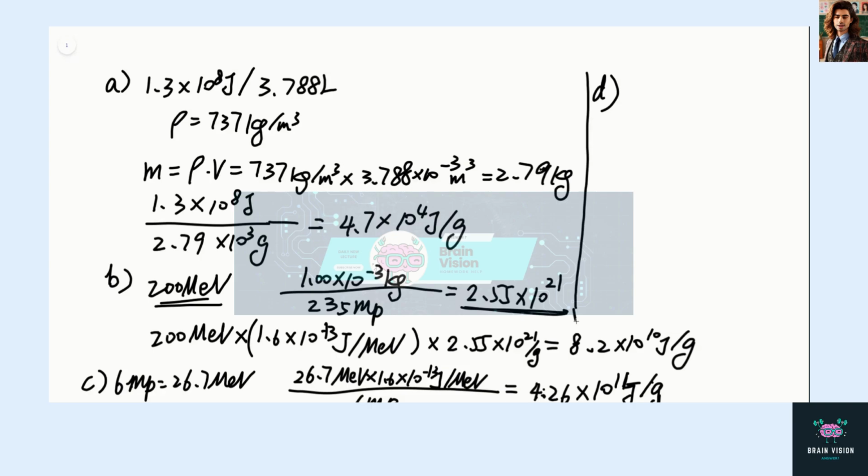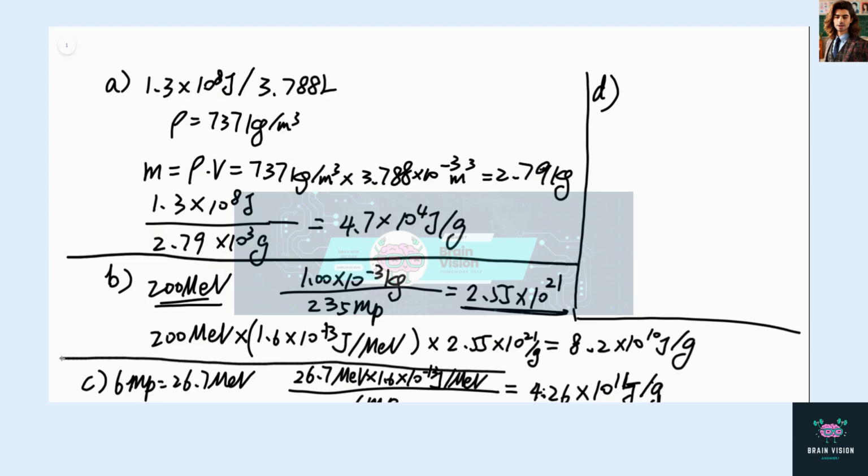Finally, we have part D. I'm going to write it in this corner. So part A, part B, part C and part D. For part D, we are looking at the amount of energy produced by our sun.